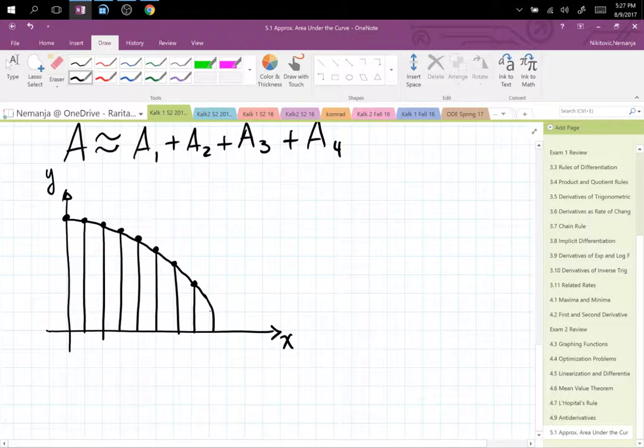And now I'm going to draw rectangles. Now, for the split moment, I'm going to use the red to show additional error that we had last time.